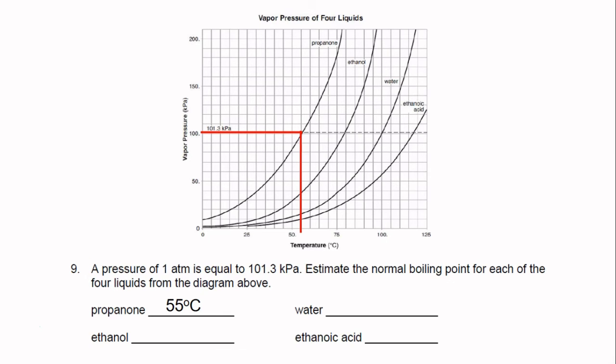The estimated boiling point for ethanol would be just under 80, so I would say 79 degrees Celsius is my estimate. We know that the normal boiling point of water is 100, and we can read that directly from this graph. And then finally, for ethanoic acid, our estimate would be somewhere between 115 and 120, so I estimated 118 degrees Celsius for the boiling point of ethanoic acid.